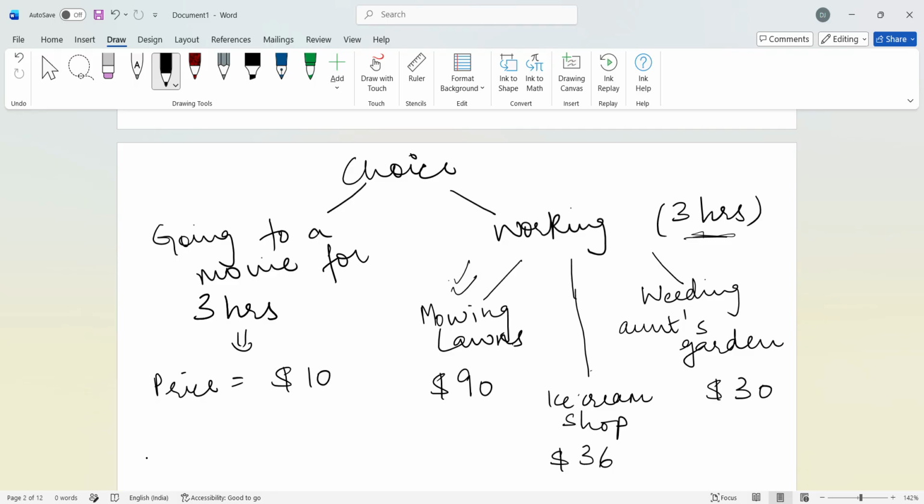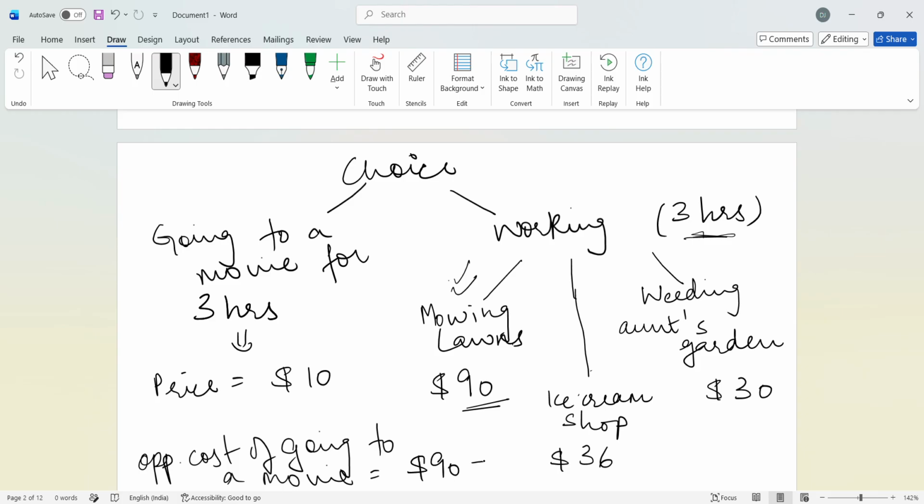So the opportunity cost of going to a movie is your $90, the one that you are sacrificing, plus the price of the ticket for the movie. So that's the explicit cost.